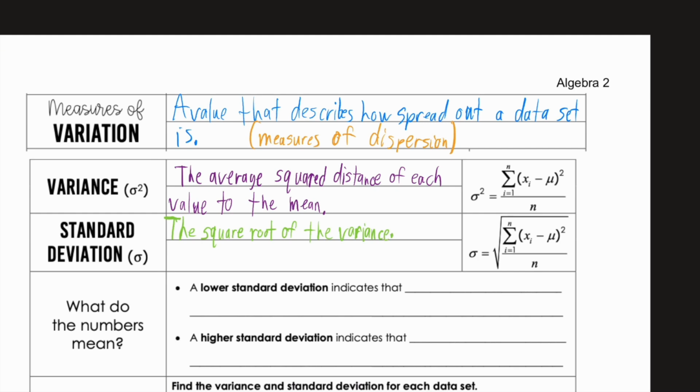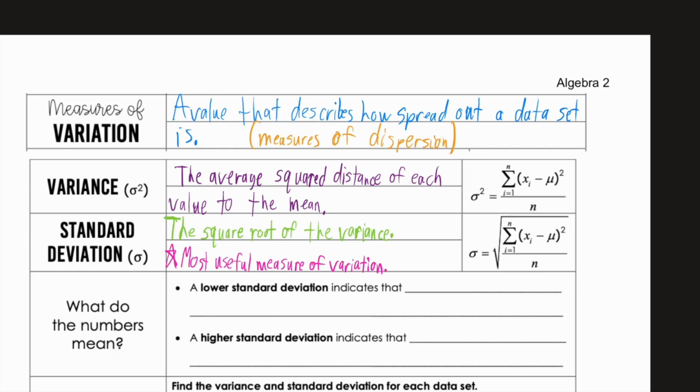And it is important to note that this is our most useful measure of variation.